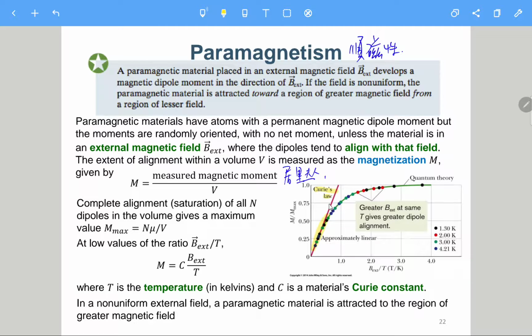For example, Newton's mechanics is correct when the velocity is not very high. When the velocity is too high, then we really need relativity to explain the phenomenon.